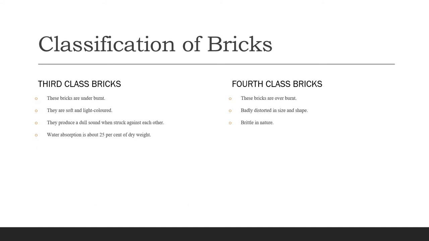The color is reduced, and they become soft and light. They produce a very dull sound when struck, and the absorption goes from 20 to 25%. The fourth class bricks are basically the worst. They are very brittle, overburnt, and have a very distorted shape and size.